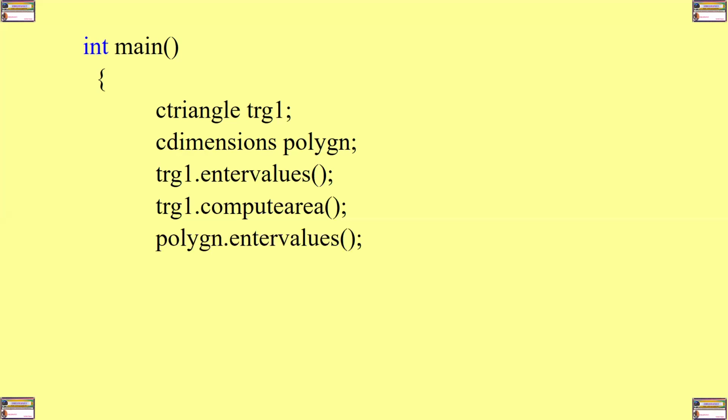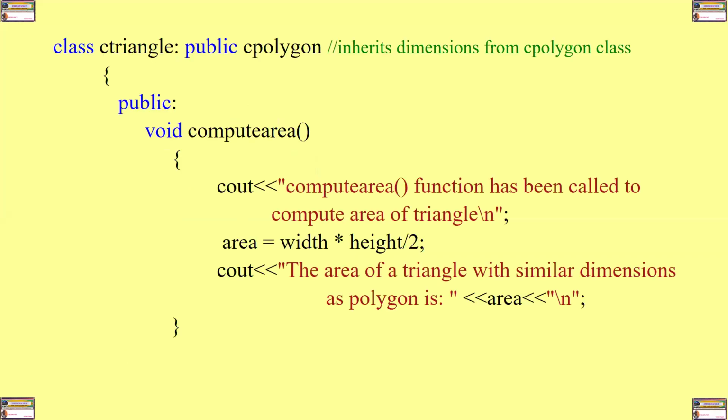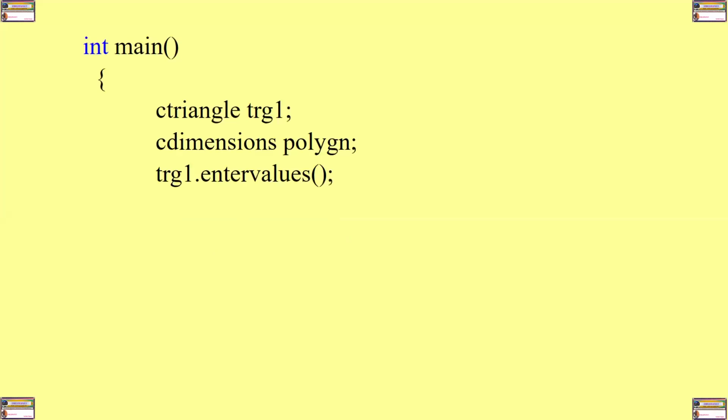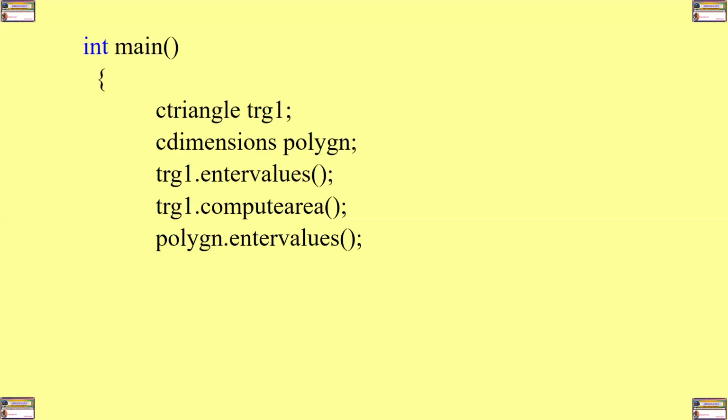So the method called enter values will be executed. So where is it? Enter values, polygon, this one. Once this is executed, it will go back and execute the statements under the enter values method.